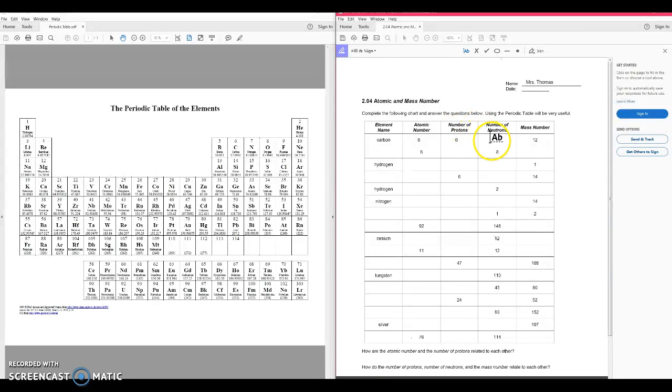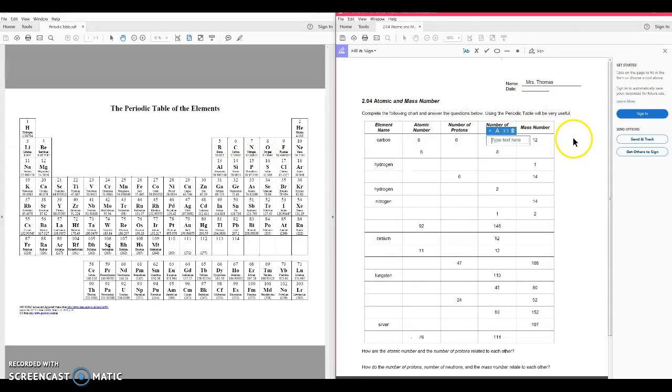Now, finding the number of neutrons can be a little trickier. Neutrons aren't listed directly on our periodic table like the number of protons are, so we need to use some brain power and some of our basic math skills to find the number of neutrons in each atom of carbon.